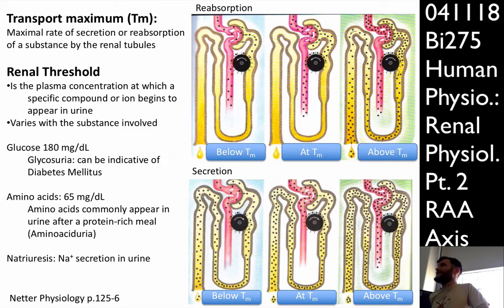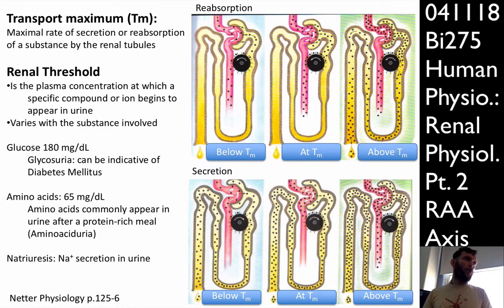It's a maximal rate of either secretion or absorption of some kind of solute by the renal tubules. So at a certain point, a part of the renal tubule just can't move any more solute. The rate at which it's moving solute, that's the transport maximum.